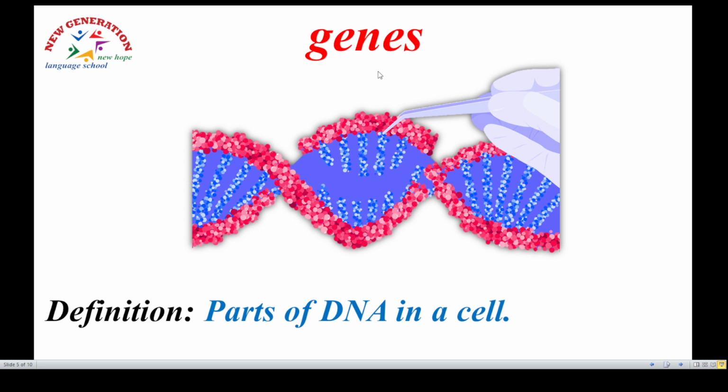As you know, the human body consists of millions of cells, and the parts that form this cell are called the parts of the DNA or the genes. You may have heard the word genetically modified.